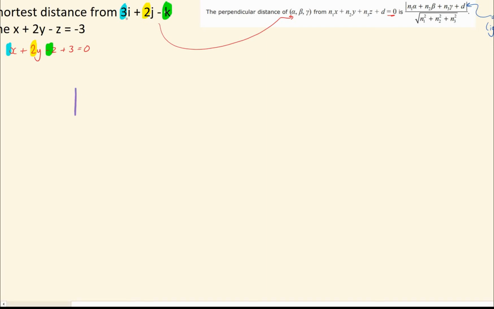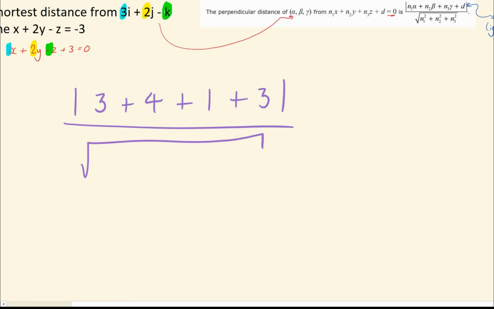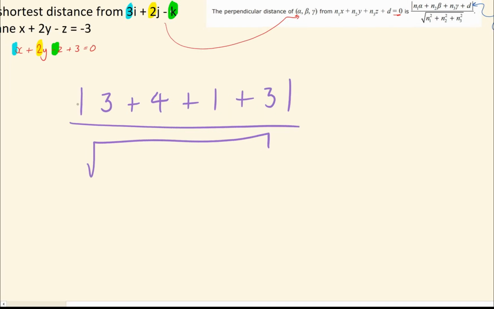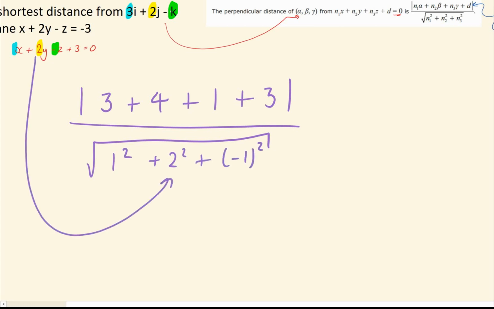So it's modulus of this times this, so that is 3, plus this times this, which is 4, plus this times this, which is 1, plus d, and d is 3, all divided by the square root of all these numbers here. So the square root of 1 squared plus 2 squared plus minus 1 squared, and they come from these coefficients. So 1x, 2y, and minus 1z.